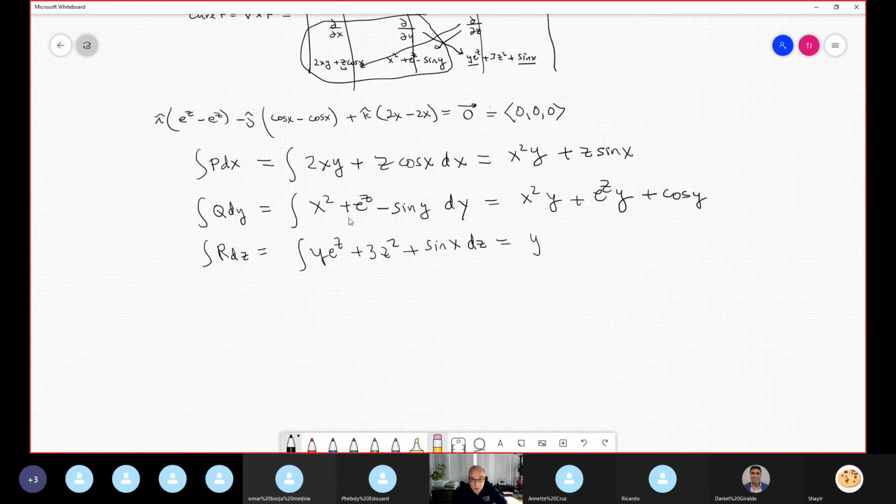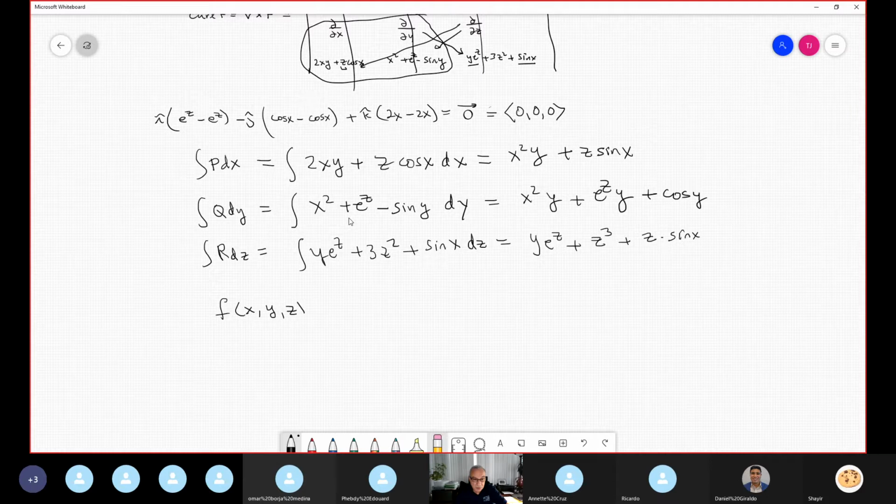So y e to the z, because the antiderivative of e to the z is e to the z, plus this is z cubed, because increasing the exponent divided by 3, and this is z times sine x. Okay, we finished. Now we are ready to set out the potential function.